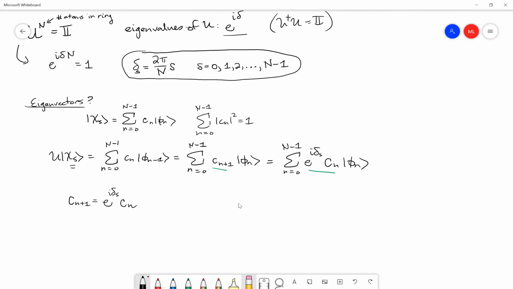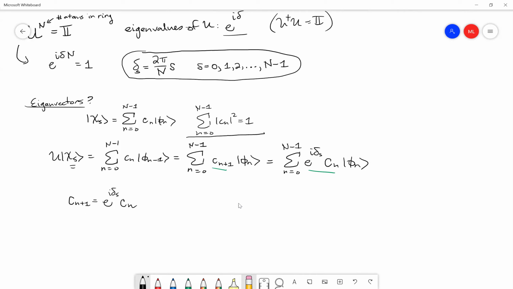So all we have to do now is, as long as we know what the first coefficient C0 is, then we can figure out everything else, right? And C0 we can get simply by looking at this, the first coefficient.